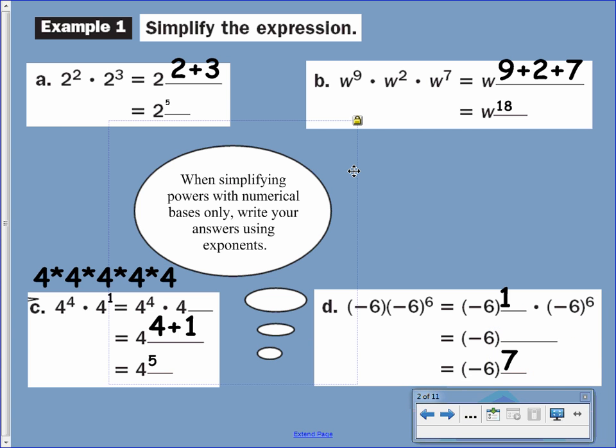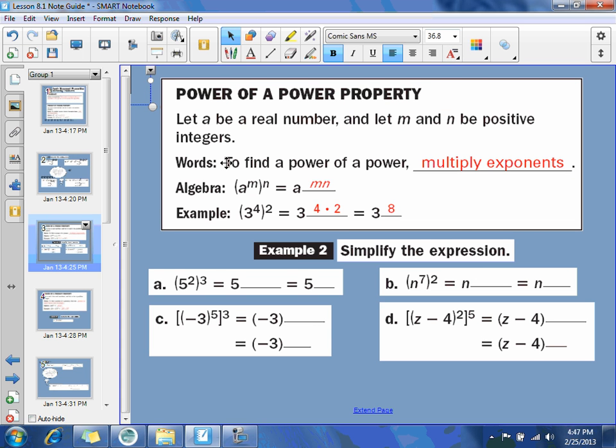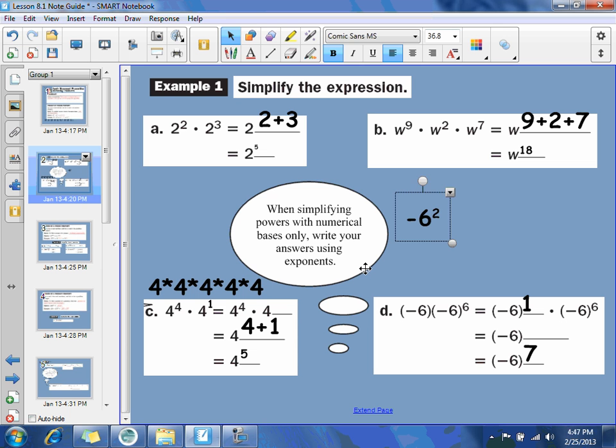Now be very careful when you're talking about negative 6 and taking that to a power. When you're taking negative 6 to a power, this answer is very, very different than this answer.